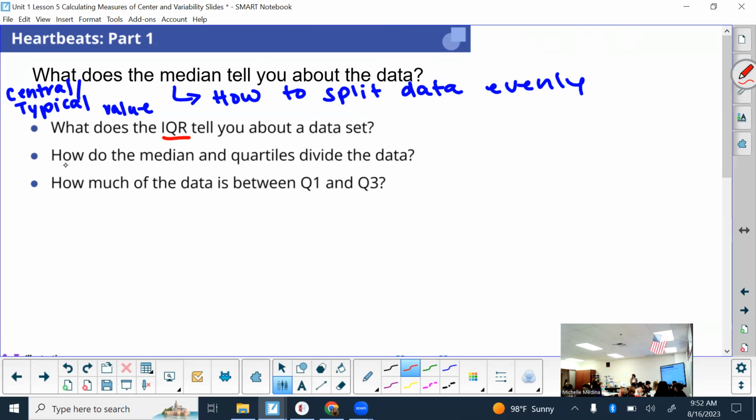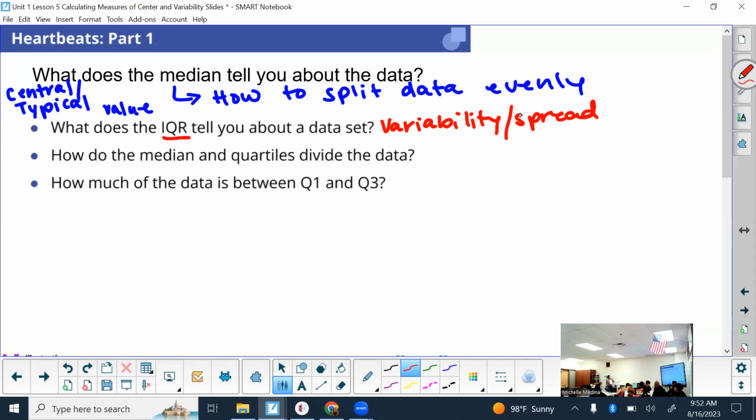Good, so IQR is one of our measures of variability / spread. I usually use the word spread more because it's literally how spread out your data is. IQR specifically is how spread out the middle part of your data is. And I'll give you a visual for that later. But yeah, variability / spread. So the smaller the IQR, the less spread out and so forth.